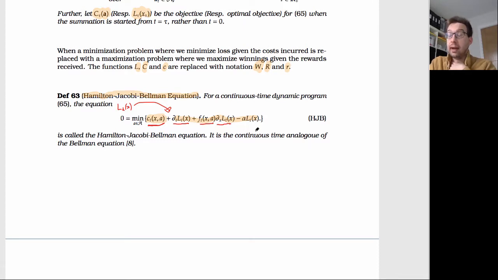Then, if there's a discount, which there isn't in our case, we subtract the discount factor times the current value function. In our case we don't have a discount factor, so we don't need that.